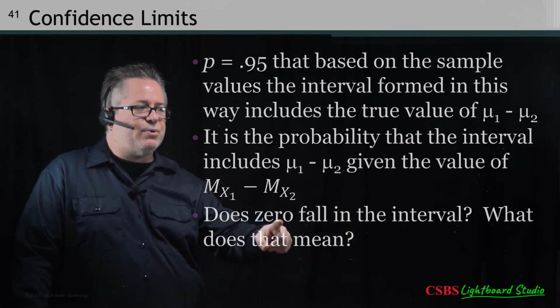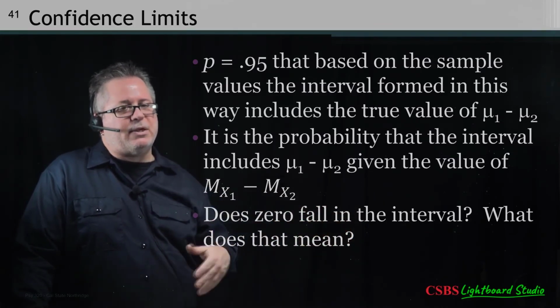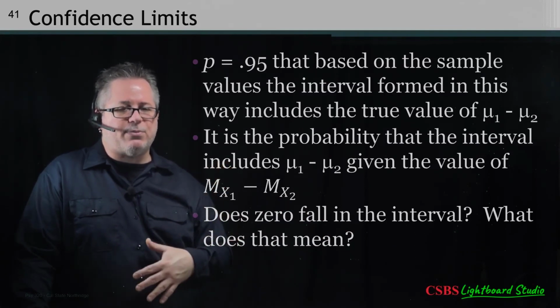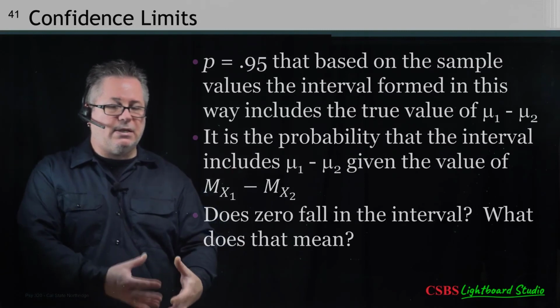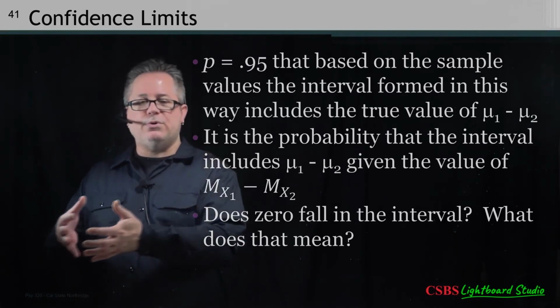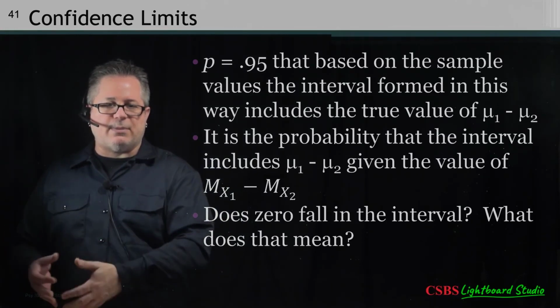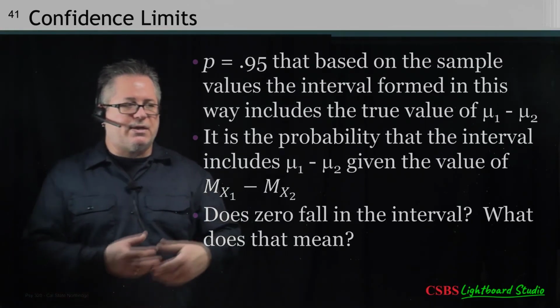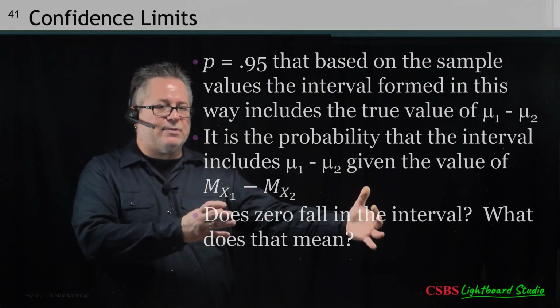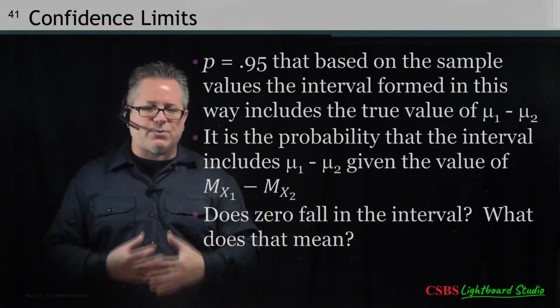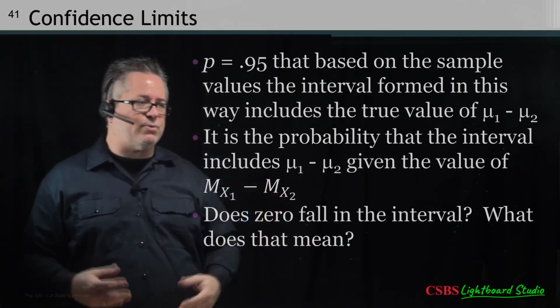And because 0 doesn't fall in that interval, a population where the mean difference is 0 is not a likely parent population for our sample, which is really leading us to the same conclusion we reached with the hypothesis test. Given this population, this sample seems odd, that's why we reject. Given this sample, here are the populations. A population of 0 doesn't seem to fit, so they both match one another, which is nice. There's a nice symmetry there.